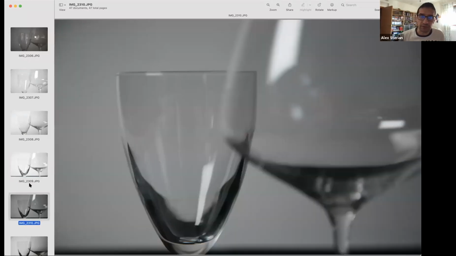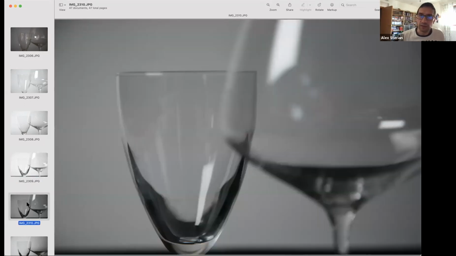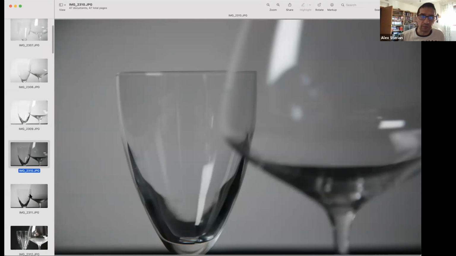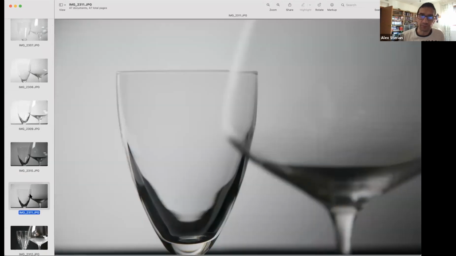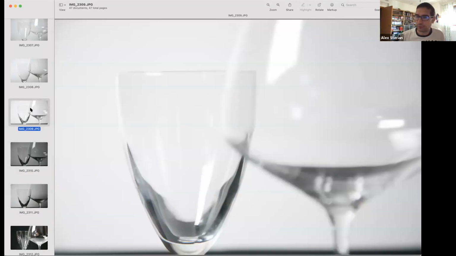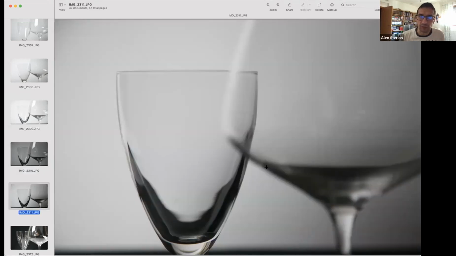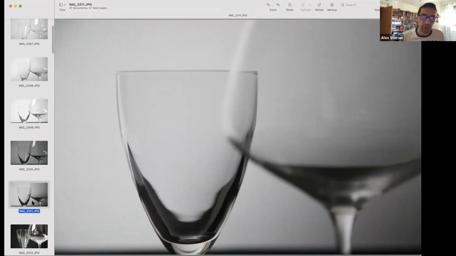Of course, you can also change the exposure and try to make it differently, as you can see here. Light it or expose it for something brighter, more neutral, darker, or just to give the glasses a little more shape.